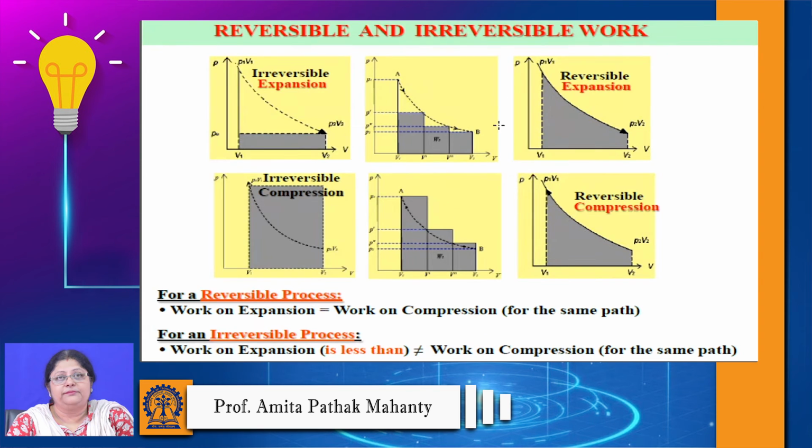So what we can conclude, if you see this, I have comprehensively done this. These are the irreversible processes, and these are the reversible processes. If you go from the irreversible process to the reversible process, you are increasing the number of steps, and when you come to infinitely many steps, you get a reversible process.